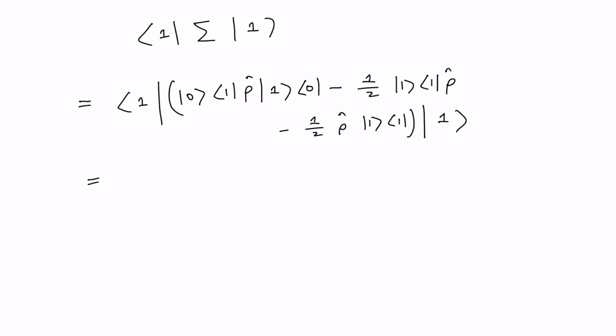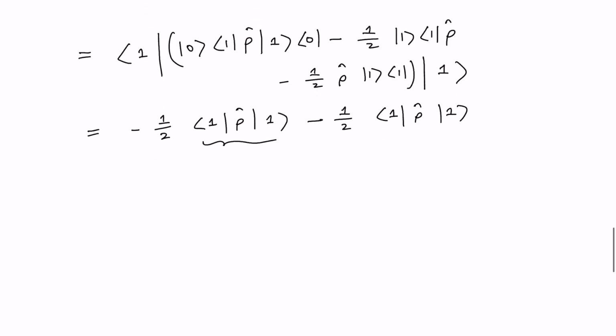You can immediately see that because |1> and |0> are orthogonal to each other, you will be left with minus 1/2 <1|rho|1> minus 1/2 <1|rho|1>. That is nothing but p1, and this is also p1, so you will have minus p1.